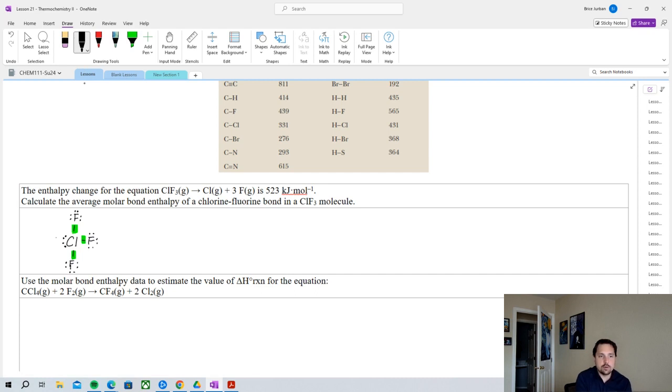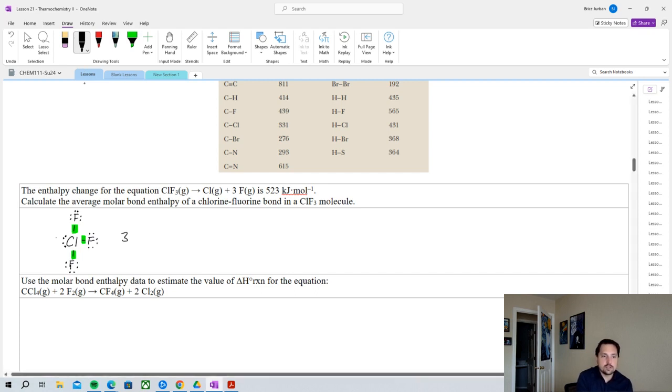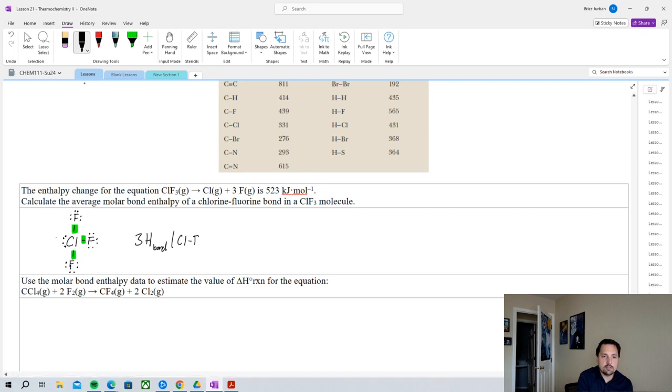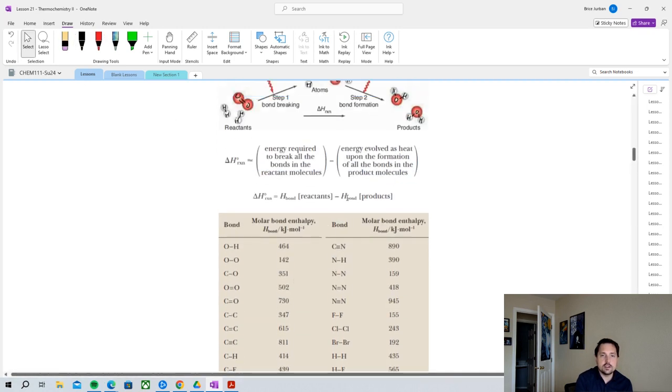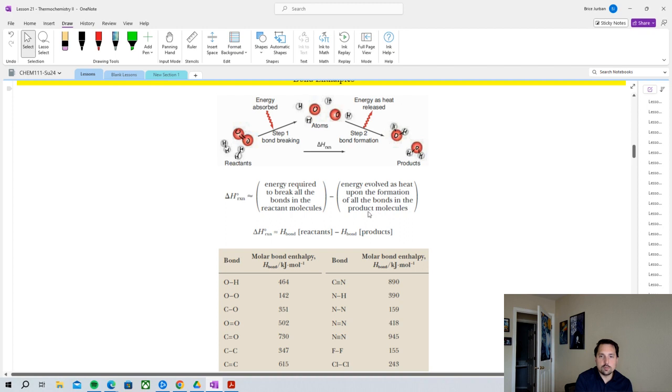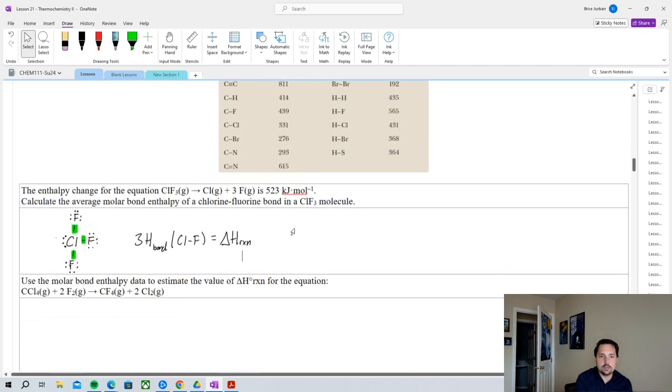So if I want to break that, 3 times the bond enthalpy of a ClF bond should be equal to the change in enthalpy of the reaction, because there are no bonds formed here. They're only the bonds that are broken.